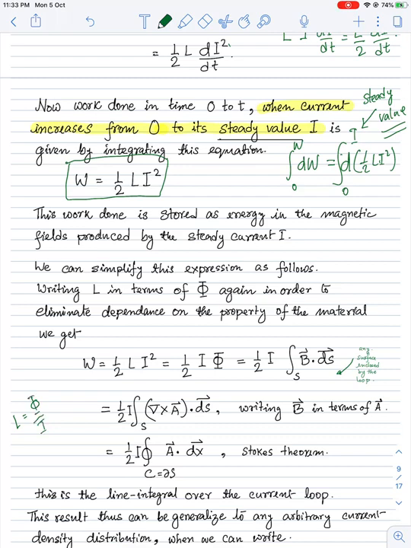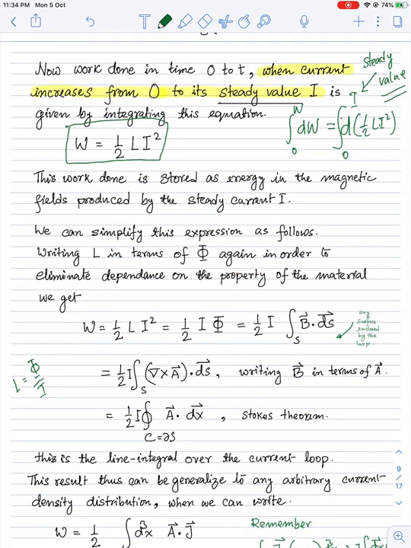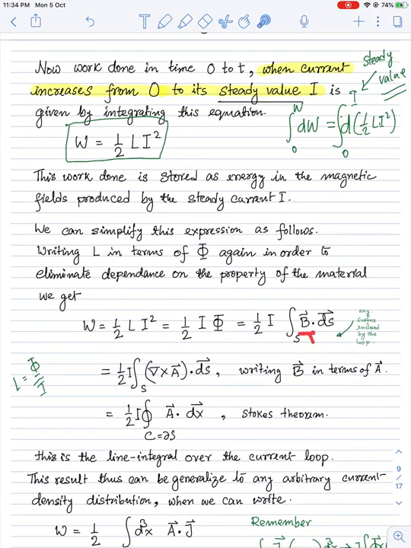Remember, our expression was L equal to phi by I, so you can just substitute it here. You will see that this is I times phi, and then this is I times the integral of B dot dS, which is the expression for the magnetic flux through some surface S, which is enclosed by the loop through which a steady current is set up.